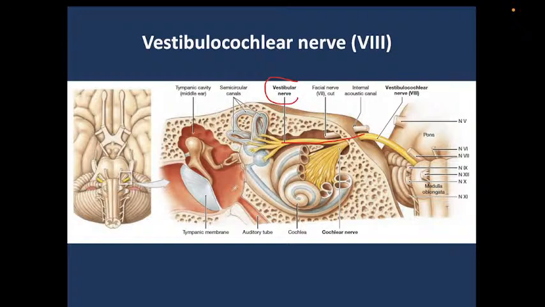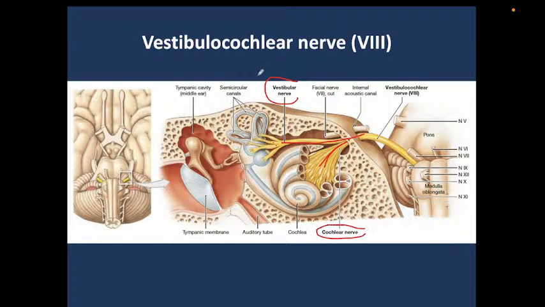It goes from the receptors to the ganglion located inside the internal acoustic meatus, and the second part of the vestibulocochlear nerve is the cochlear nerve.